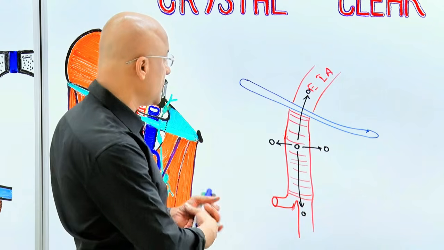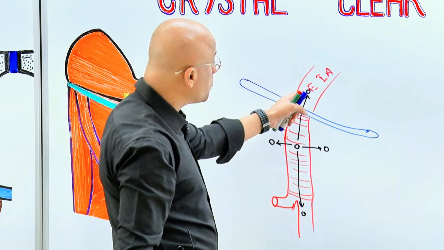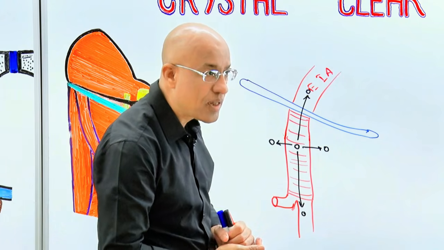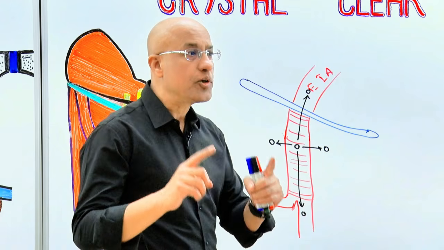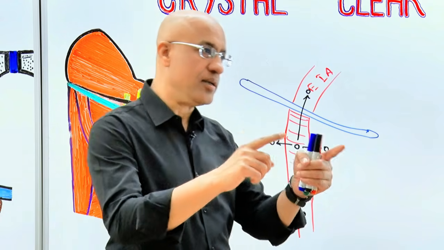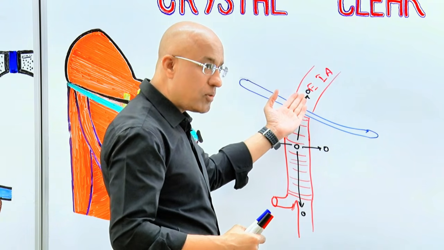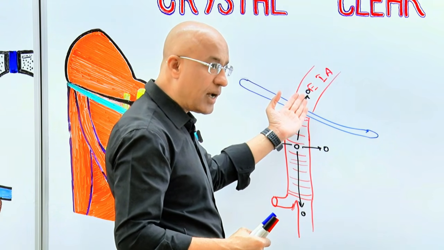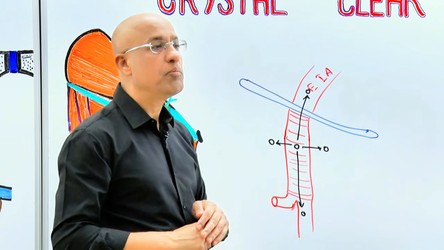So if this puncture point bleeds, the bleeding will accumulate in the retroperitoneal area, and we have multiple problems.